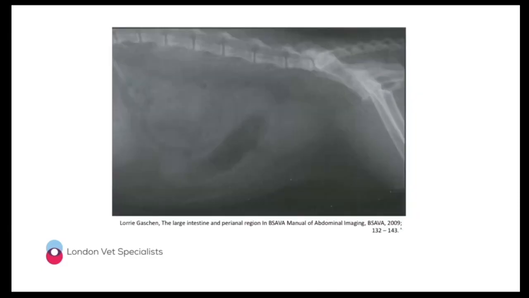So this is a radiograph of a cat, and what we can see here is a single loop of small bowel that looks quite dilated. Now, when we're looking at this radiograph for the first time, we might ask ourselves, well, the location of this dilated segment of bowel does lend itself more to maybe small bowel rather than large bowel, but how can we be absolutely sure?